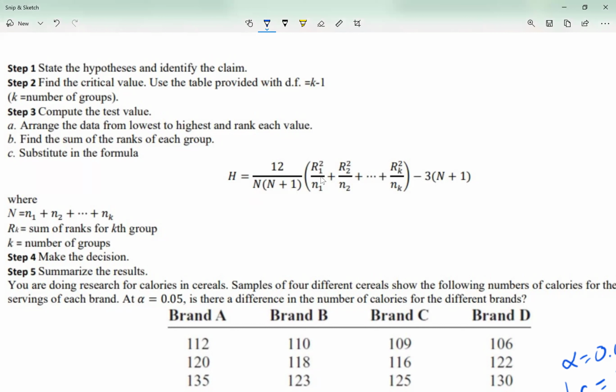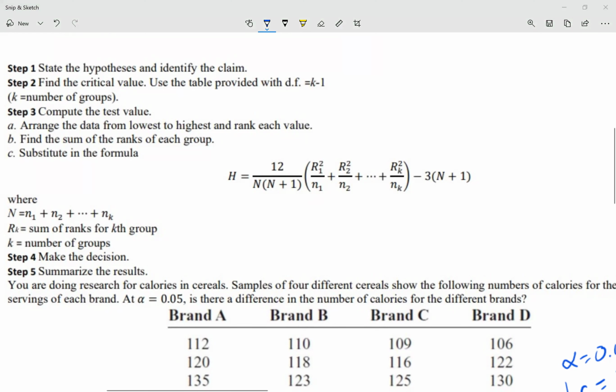Now here, I already have the R1 squared, the R2 squared, but it seems like I have to divide them by each of these n's. And this little n is how many are in each data. There were 6 numbers in each data. So let's come back to my formula here.